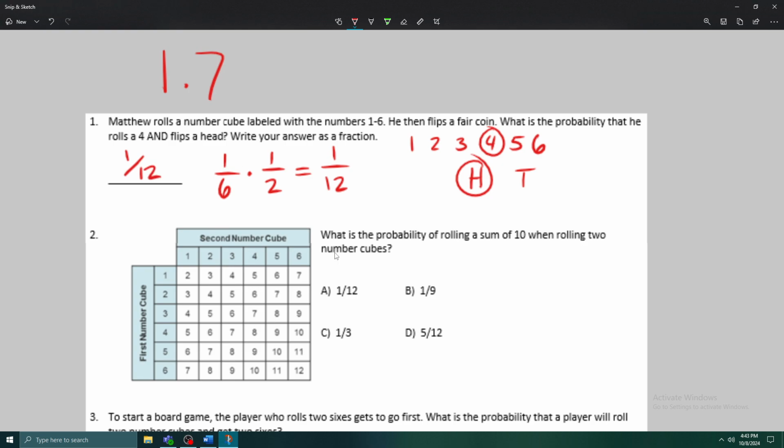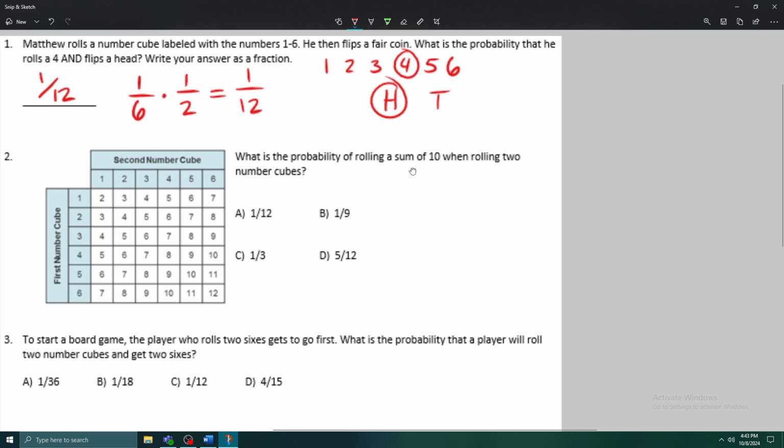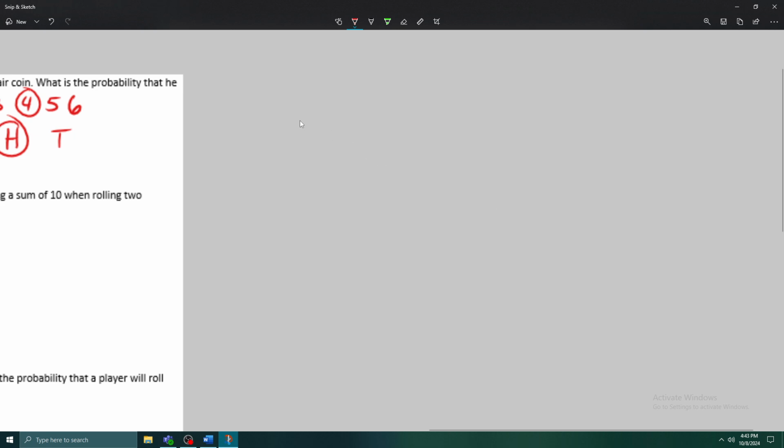So just recall that these are independent events, and when we have independent events, we have what we call the multiplication rule, but it's really also the definition of what independent events are. This is a mathematical definition.